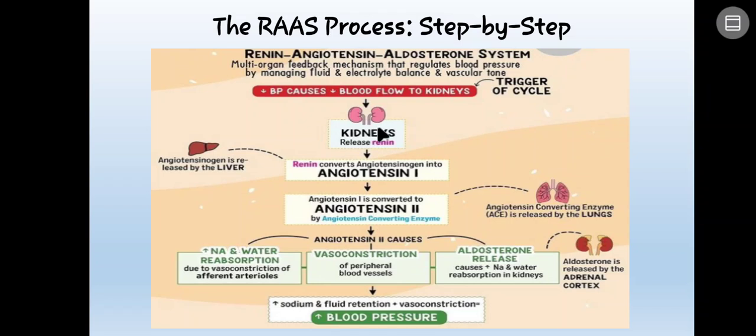And directly, once your sympathetic nervous system is activated, juxtaglomerular cells release renin, because these juxtaglomerular cells are actually under the regulation of the sympathetic nervous system.